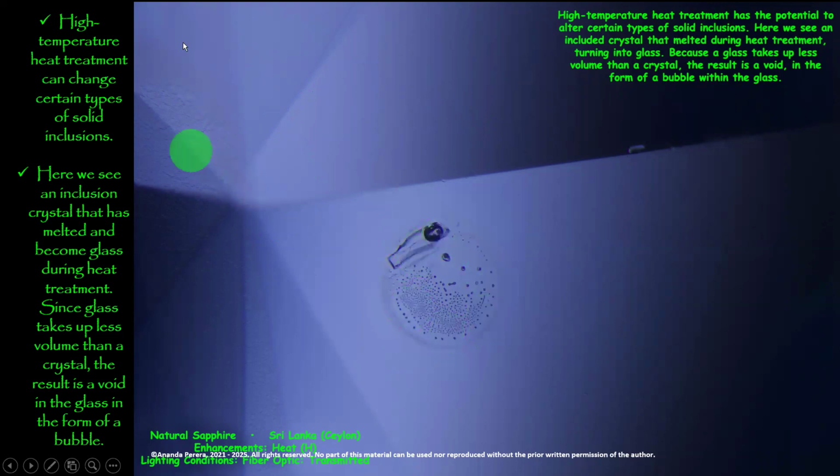What's here? High temperature heat treatment can change certain types of solid inclusions. So inside the discoid also, there is a fingerprint. That fingerprint also changed. Here we see an inclusion crystal that has melted and become glass during heat treatment.